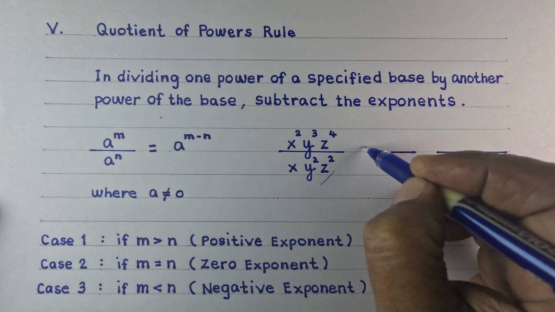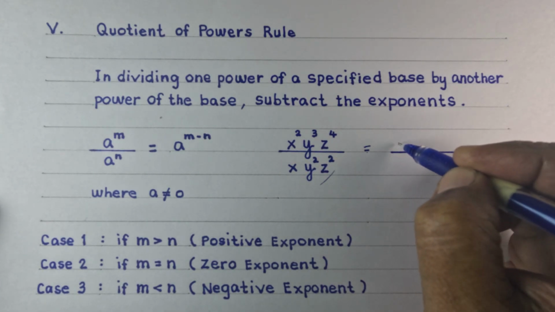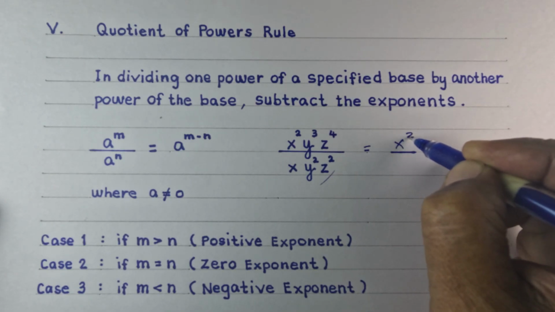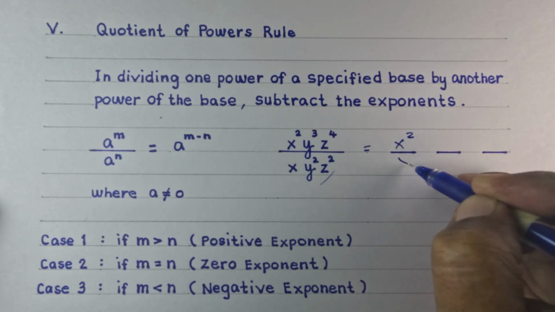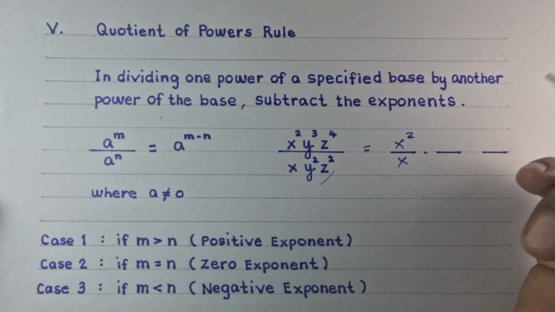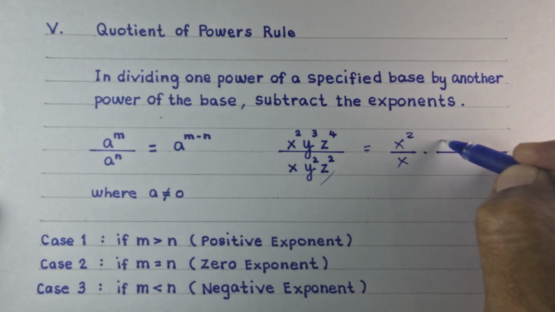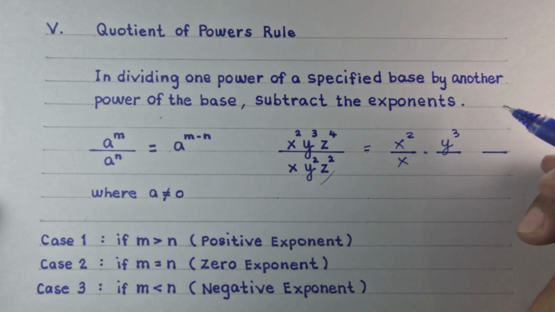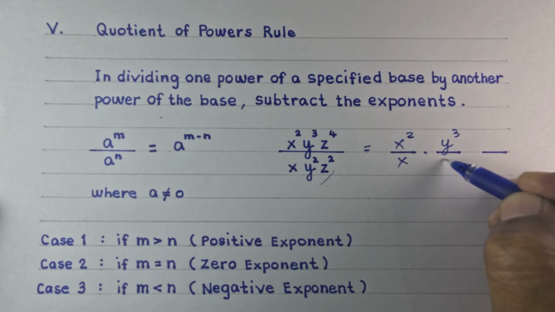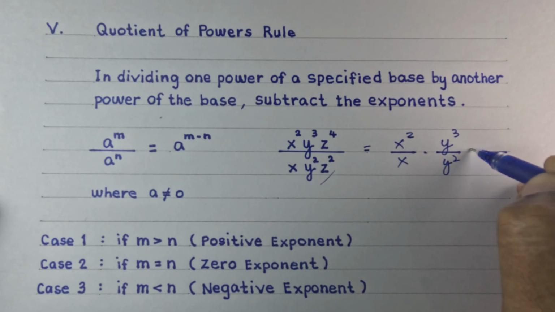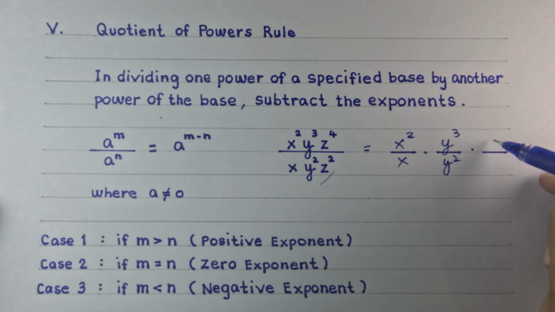So this is equal to x squared over x, times y cubed over y squared, times z to the fourth over z squared.